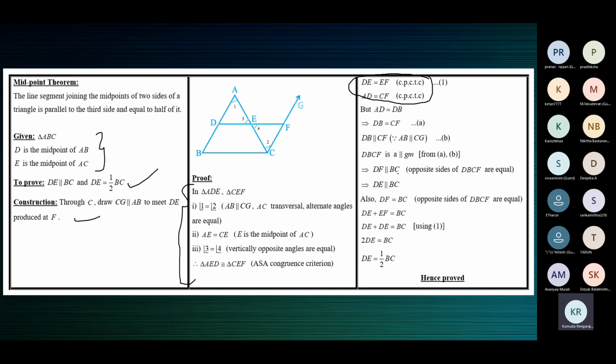When you need it, you'll realize that you need this result from congruency. Then you can go back and fill it in. Maybe after congruency, you can leave one or two lines. Or as you're writing, if you want to give the result because they're equal through CPCTC, you can write it in the bracket also like this.